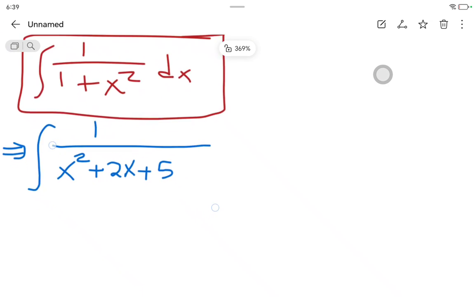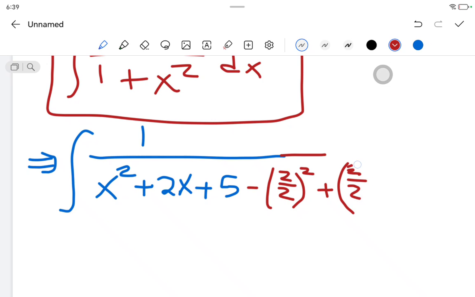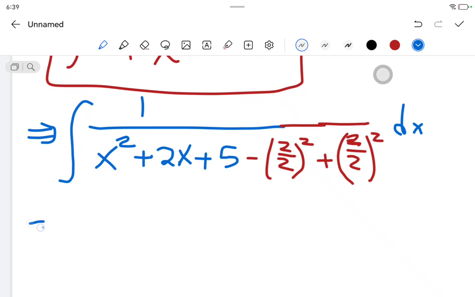I erased them. So we can complete the square for this one, right? Remember I said that you're going to pick your b. Your b is this one. So you're going to subtract and add b over 2, the coefficient of b over 2 squared, plus that same coefficient squared. You see, right? Now, this is x.